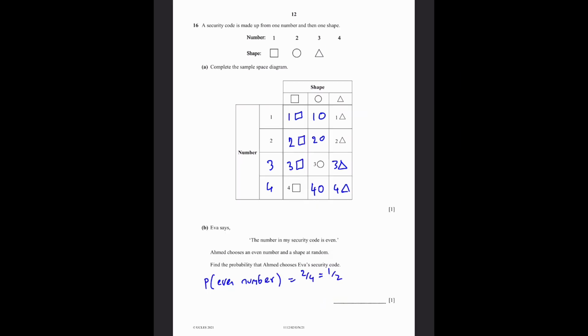And then the probability of choosing the right shape out of these three is 1 by 3. And 1 by 2 times 1 by 3, because both of them have to be correct, even number and shape. And that means 1 by 6 probability. Probability that Ahmed chooses Eva's code is 1 by 6.